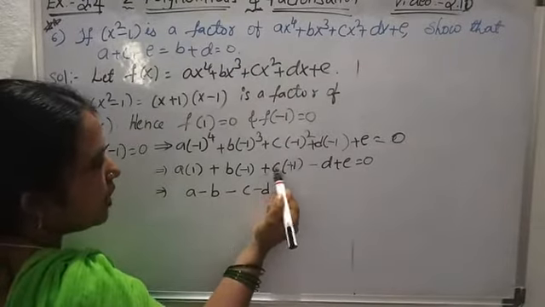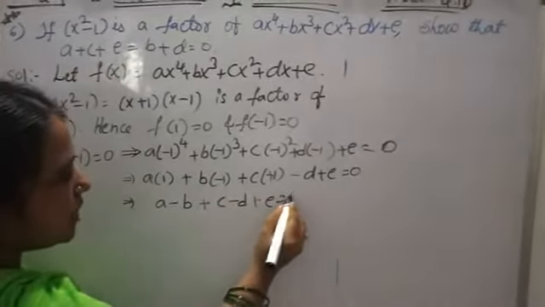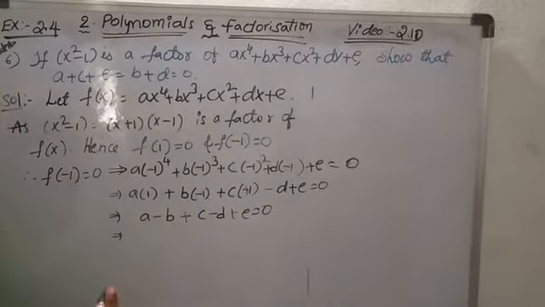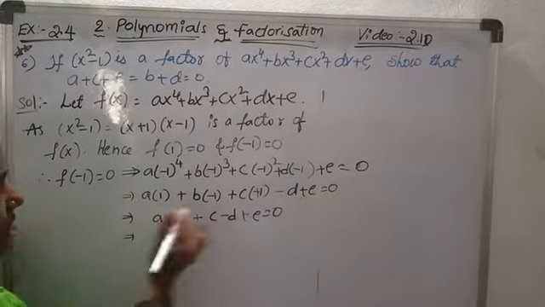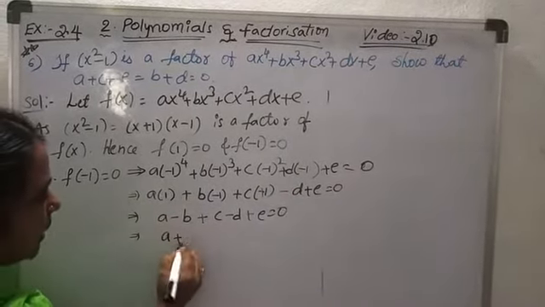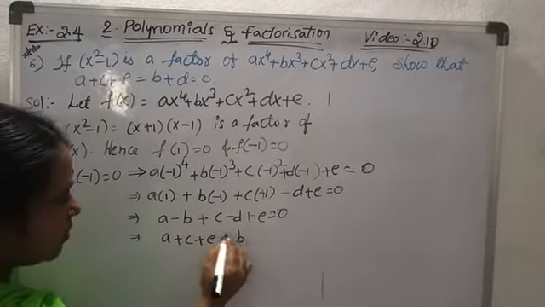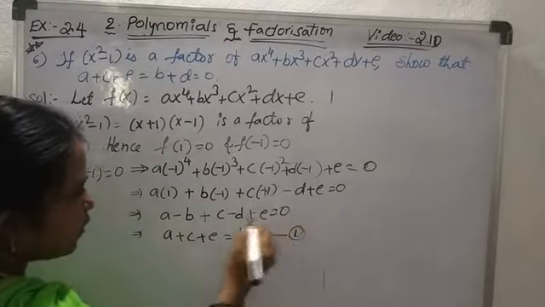So a minus b plus c minus d plus e is equal to 0. Observe that on this LHS we have two negative values, b and d. Shift b and d to the other side. That is, a plus c plus e is equal to b plus d. Consider this as equation number 1.